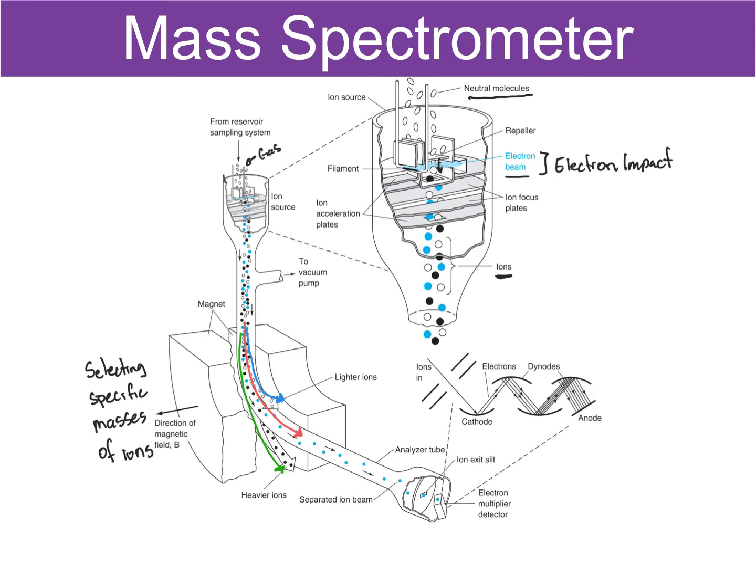So this magnetic field can work a lot like the monochromator. Depending upon the strength of the magnetic field that we apply, the different masses of ions are going to make it through in order to reach the detector.